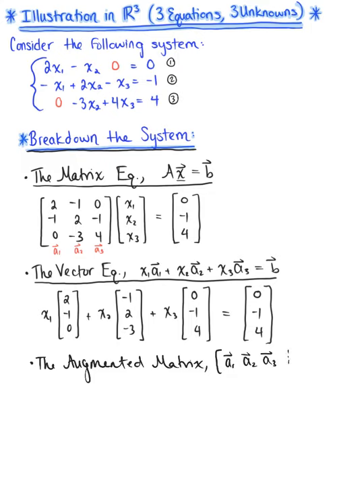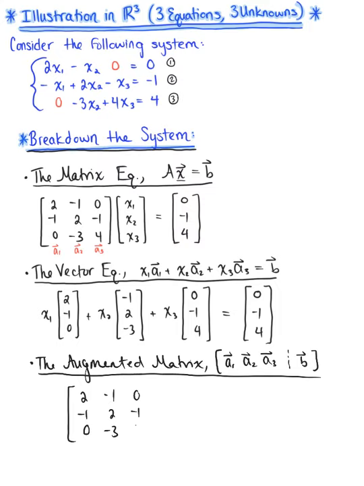And we augment this with vector b. So here, our augmented matrix for the system is 2, negative 1, 0, negative 1, 2, minus 3, 0, negative 1, 4. And we augment this with the constant vector 0, negative 1, 4. And there you have it.